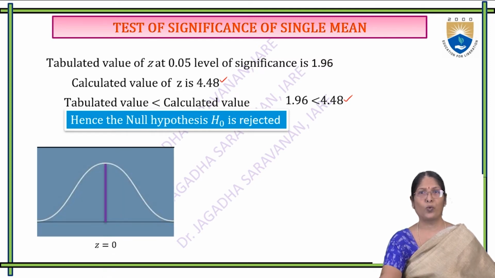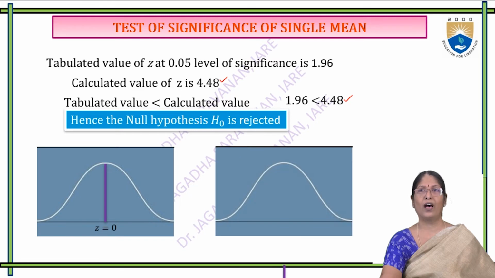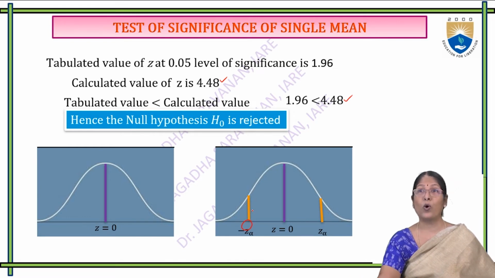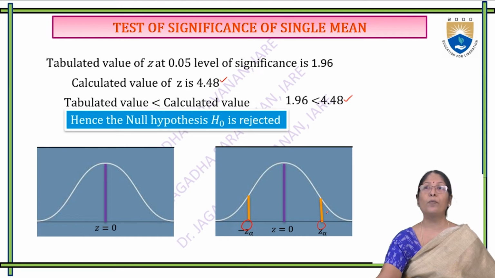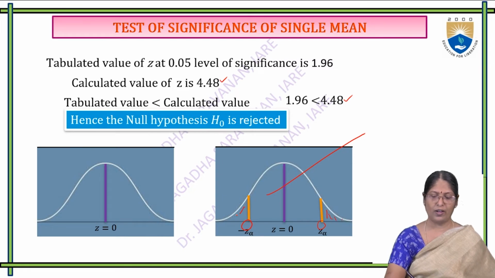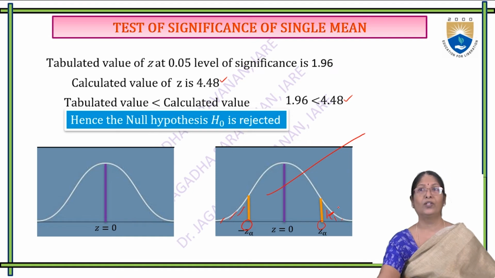Now the normal curve, the graphical representation of two-tailed, is minus z alpha to z alpha, that is minus 1.96 to 1.96. This area is accepted and these areas are rejected. Our 4.48 falls here, so it is rejected.